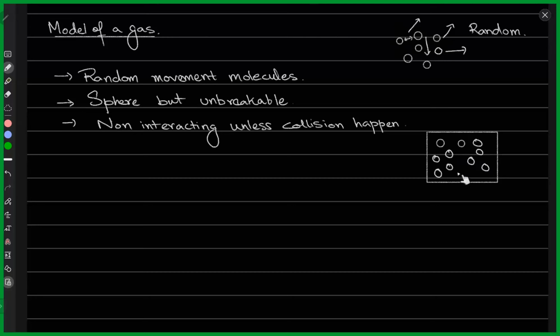What do you think would happen if I suddenly contain these molecules in a box? In terms of their random movements, they're moving randomly, right? They might strike each other, and one of the things that they can do is hit the walls of these containers.